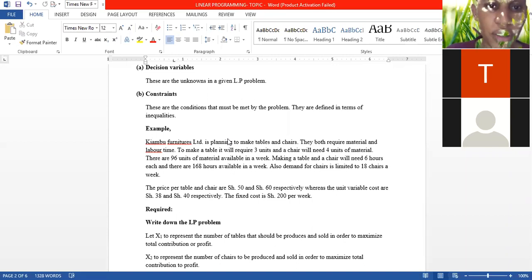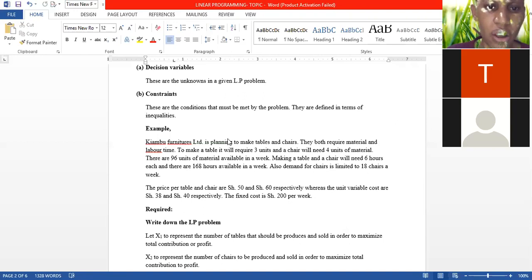And then once you have noted the decision variables, it is now possible to write down that particular objective function. But for us to achieve that objective, we are constrained. The question is, our objective function is subject to what? And now you write down those particular constraints.